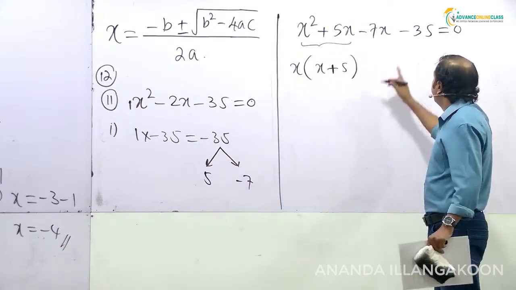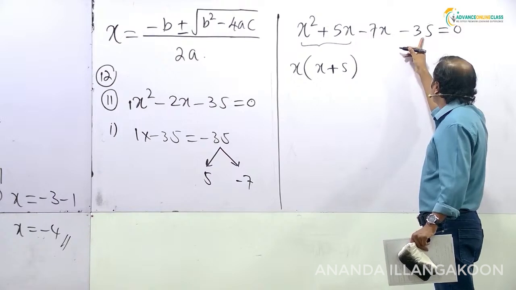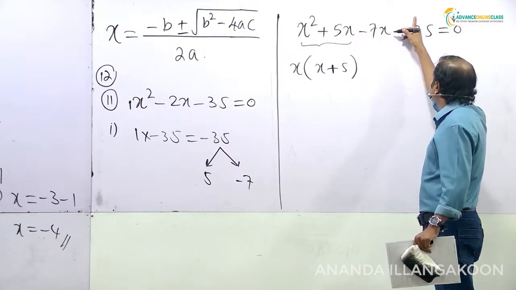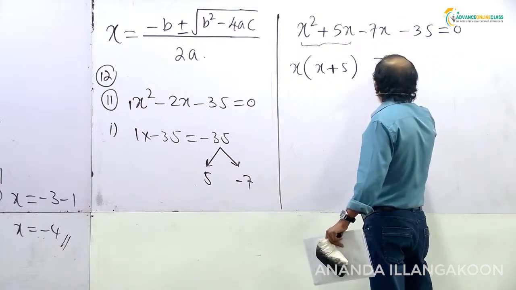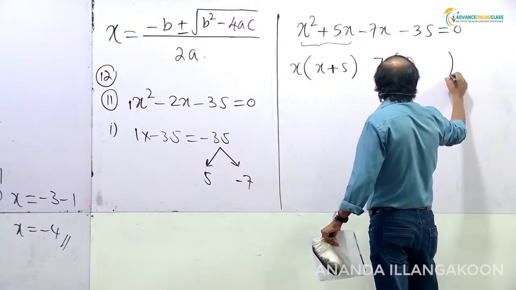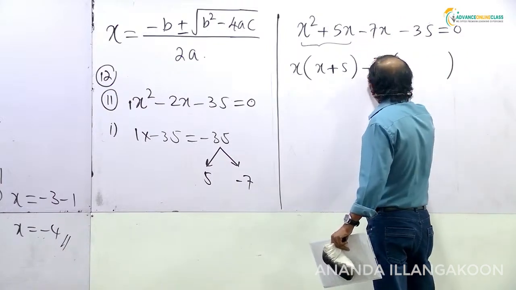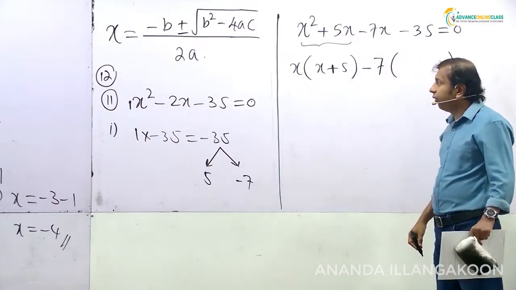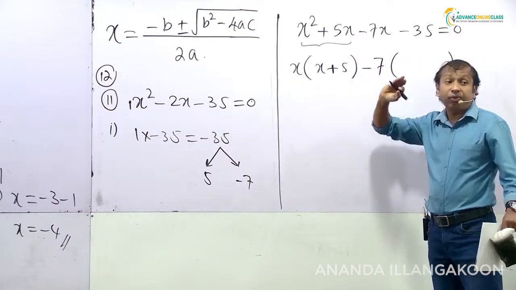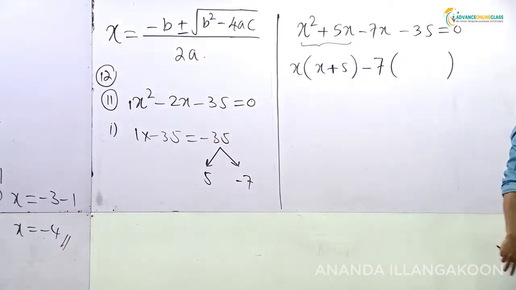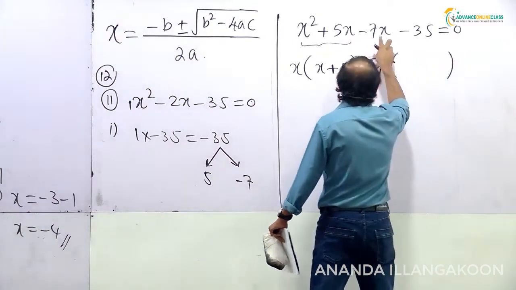Right. Here for this 35 and this 7x. 35 you can write 7 into 5. That 7 and this 7 common. You can take 7 out. I take the minus sign also with 7. Once you take the minus sign out, you know inside the bracket you have to opposite the signs of the terms. Now here we have 7x.